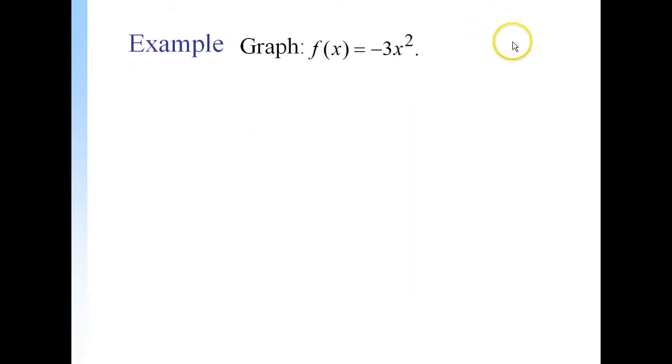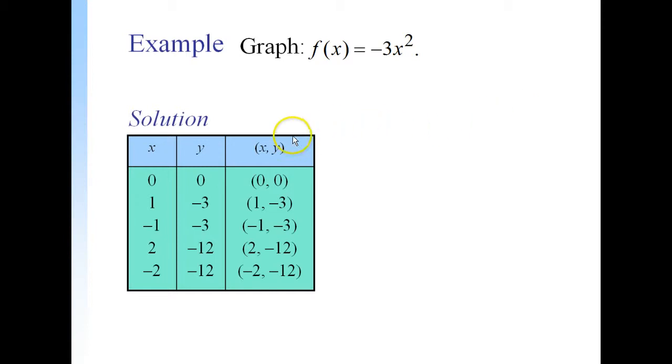Now here we're dealing with the function of a negative 3x squared. And what this does is it always makes our y value negative. So again, putting points in there, and since it's just this ax squared, so to speak, our origin is the vertex.